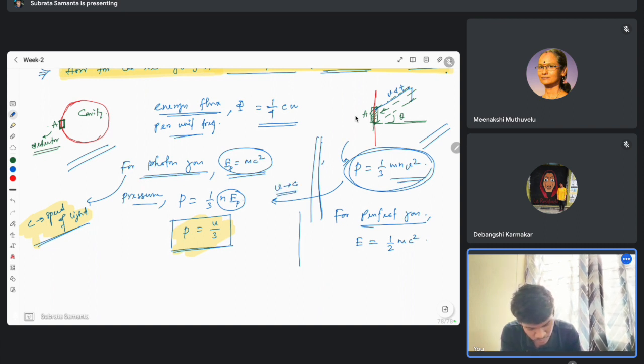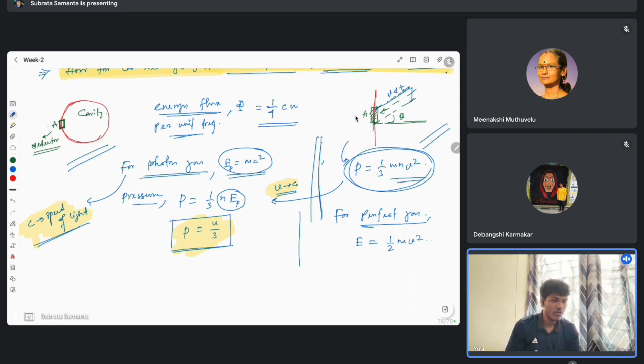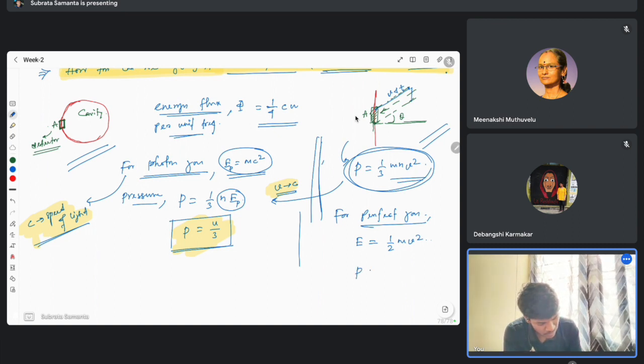So v tends to c for photon gas. So for ideal gas, energy is half mv square, right? For only one direction. So then this P is 2 by 3 U.